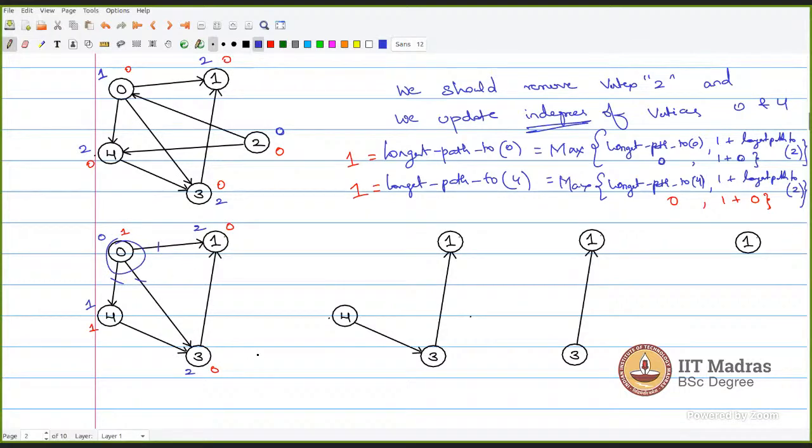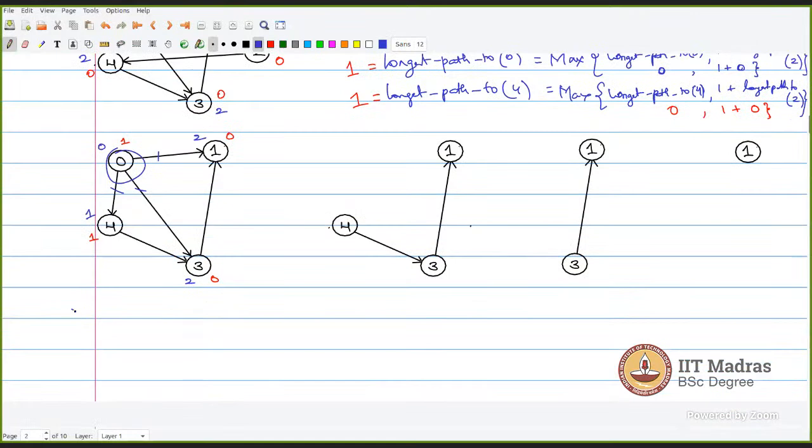After removing that, we have to update the in degrees of vertex 1, vertex 3, vertex 4, because you see vertices 1, 4, 3 are adjacent to this particular vertex 0. As well as we have to update the longest path to 1, the longest path to 3, and the longest path to 4.